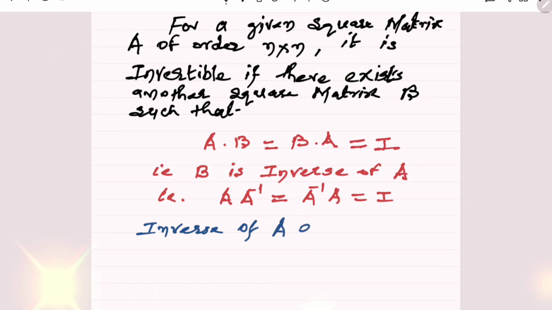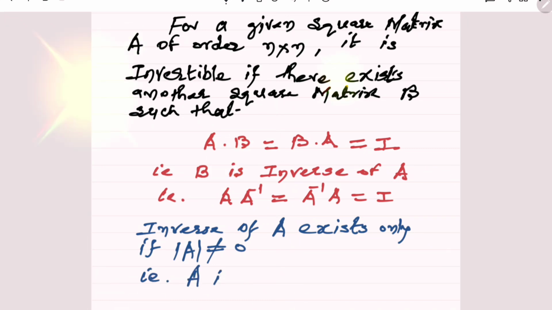The inverse of A exists only if the determinant of that matrix A is not equal to 0. If the determinant of that matrix is not equal to 0, it means that matrix A is called a non-singular matrix. An invertible matrix is also a non-singular matrix.